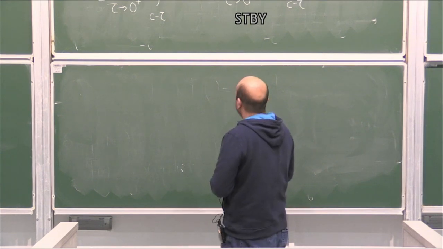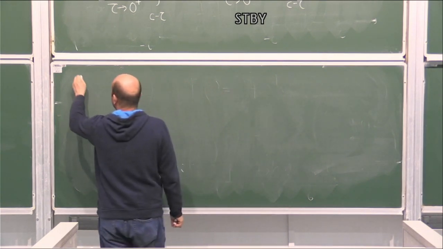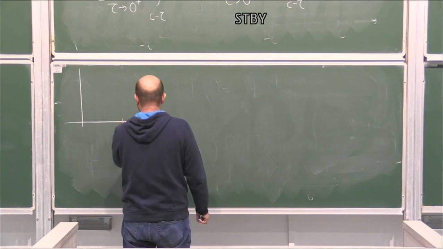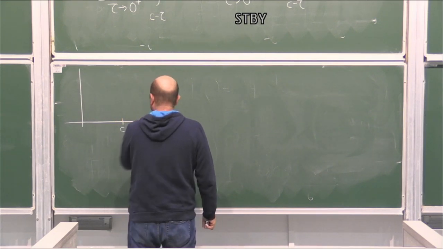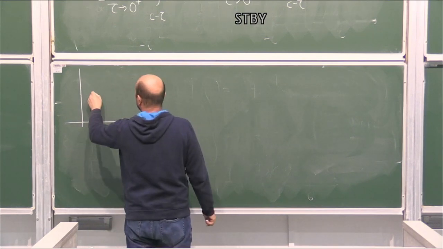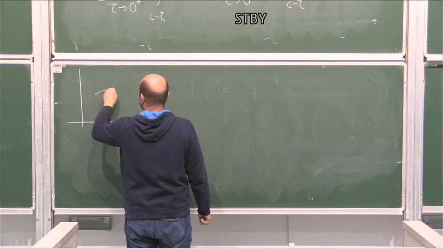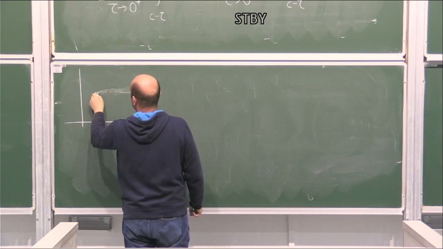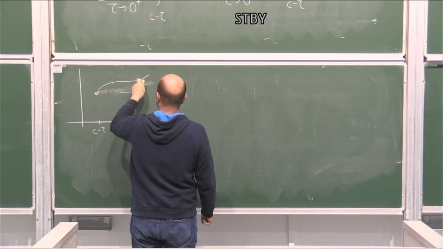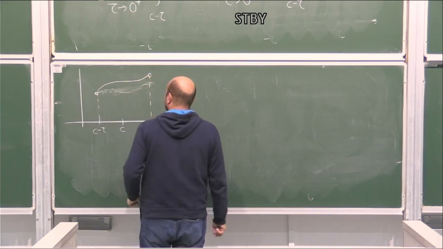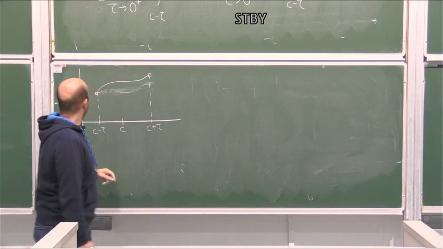Okay. So then what's happening is the following. This is c, this is c plus tau, this is c minus tau. Let's say that the function is drawn something like this. This is f of t.